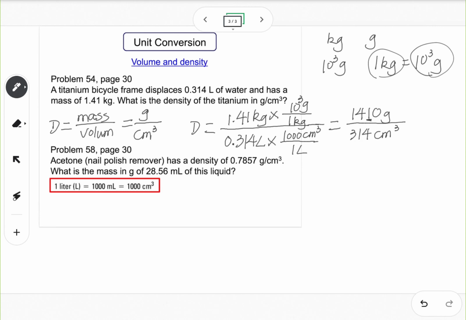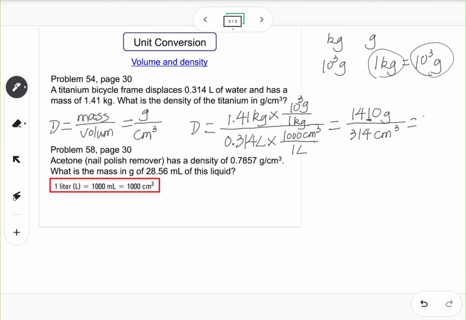Now the last step is a division. We should follow the number with the fewest significant figures. This one has 3 significant figures, and this one has 3 significant figures. So the final answer is supposed to have 3 significant figures.